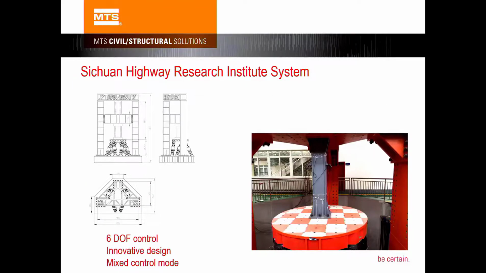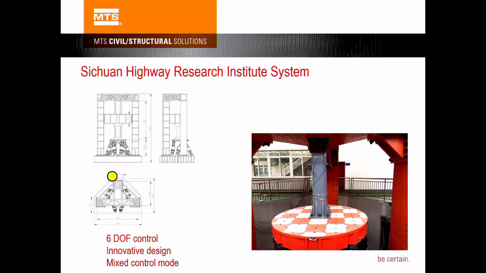And this is another interesting system at the Sichuan Highway Research Institute. They have 6 actuators controlling any point, with global 6 DOF in the global coordinate system, in force control, displacement control or mixed control. They use our DOF control software to achieve that.